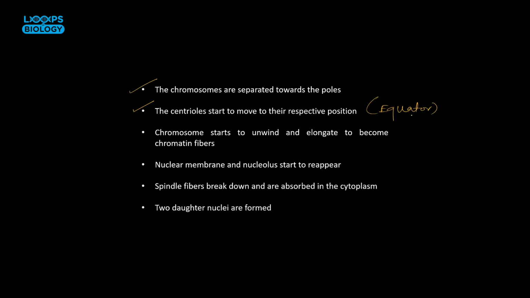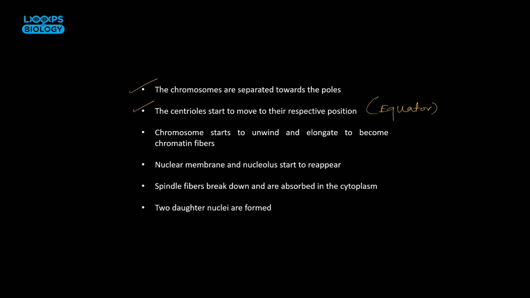Alright. Now the chromosome starts to unwind and elongate to become chromatin fibers. The chromosome can't stay as a chromosome inside the nucleus because it would acquire a larger space, and we want to fit many biomolecules inside the smaller space.